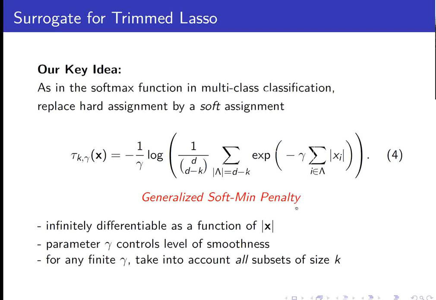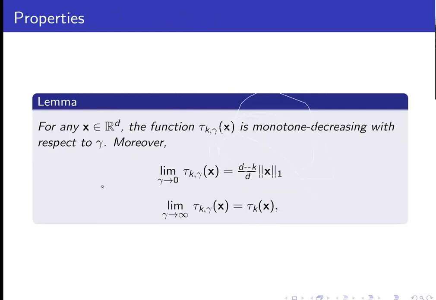Some other important properties of this penalty are the following. If you take the parameter gamma to infinity, you recover the Trim Lasso, whereas if you take the parameter gamma to 0, you get the original L1 penalty.